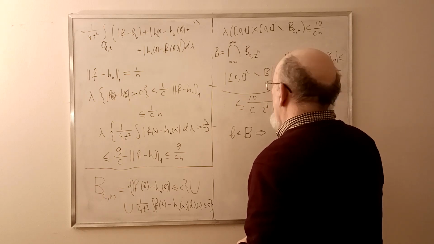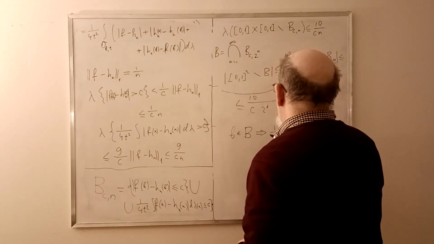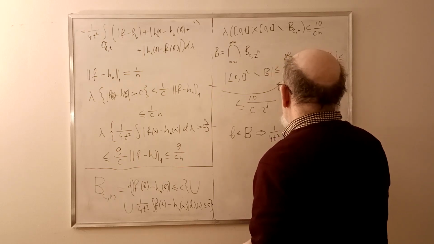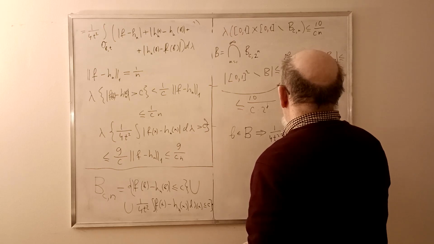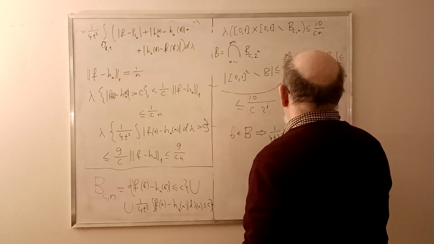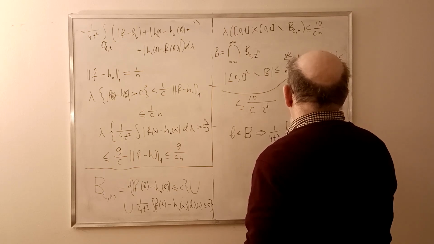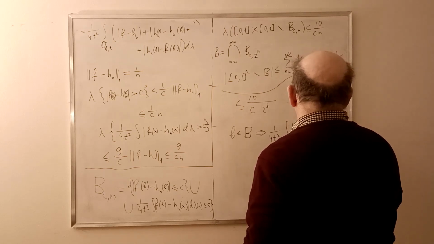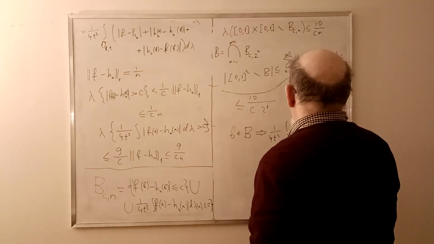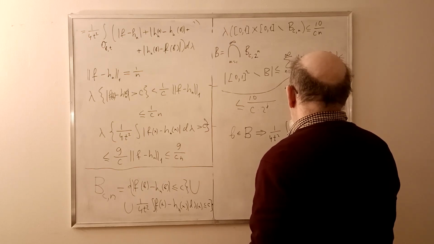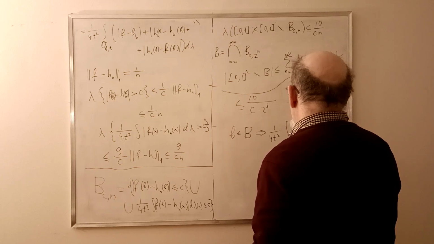Then we have the following: 1 over 4t square, integral modulus f(x) minus f(b) d lambda of x, x in O(b,t).